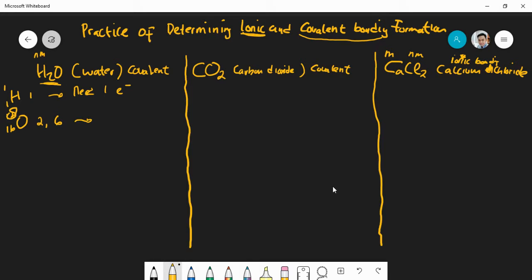As you can see, the 6 indicates it needs 2 more electrons to become 8. Remember the octet rule. So oxygen needs 2 electrons, and hydrogen needs 1 electron. How can we accommodate all of that?